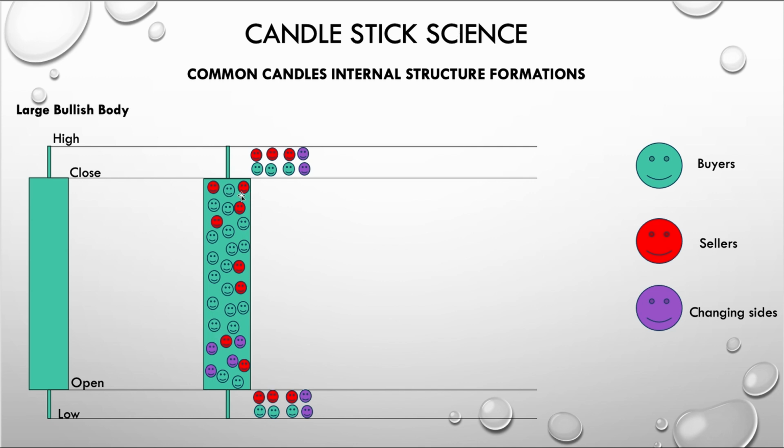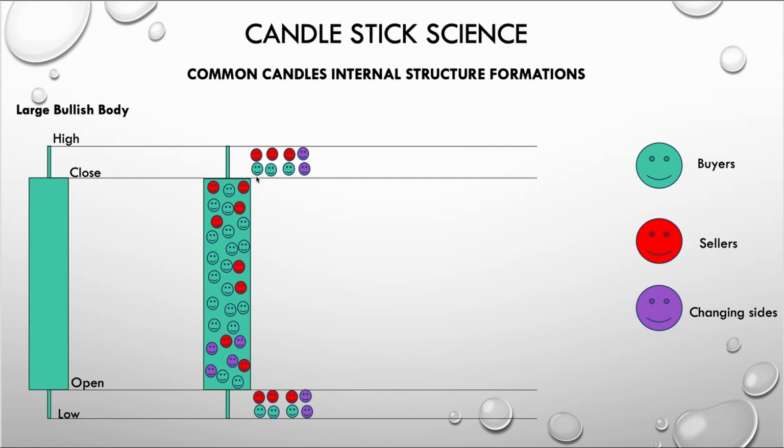Though inside here we have some sellers also, the majority are buyers, and most of the sellers are switching from being sellers to buyers. That's why I put these purple faces here. So inside here, the sellers and the buyers are fighting to take control, but at the end of it all, the majority of the faces are green, meaning that this candle will close as a bullish candle on top. But before it closes, you can see that it goes on top to create this wick here.